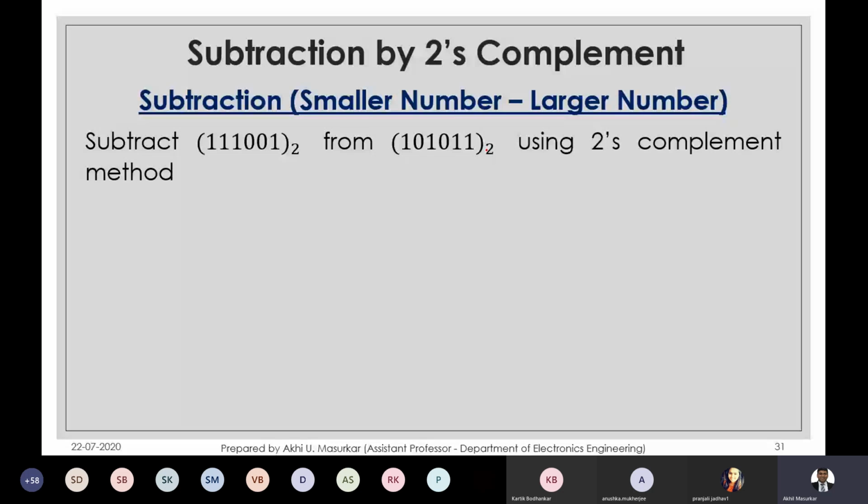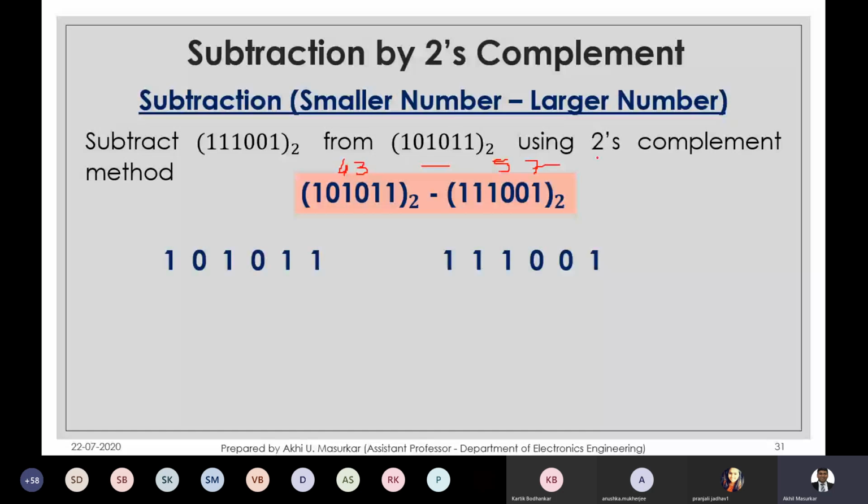So what we are going to do is 43 minus 57. First I just write down the two numbers. The first one is the smaller number, and this is the larger number.